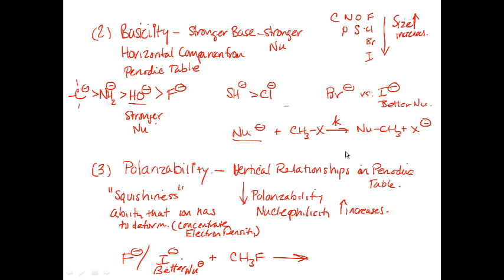Going up and down the periodic table, it's polarizability that determines which one is a better nucleophile, so things at the top of the periodic table are not as strong as nucleophiles, while things lower down are stronger because of their size and ability to redistribute electrons to make a more concentrated orbital.